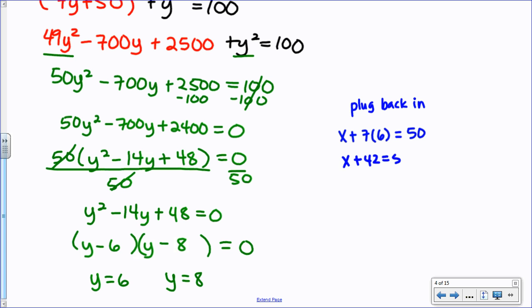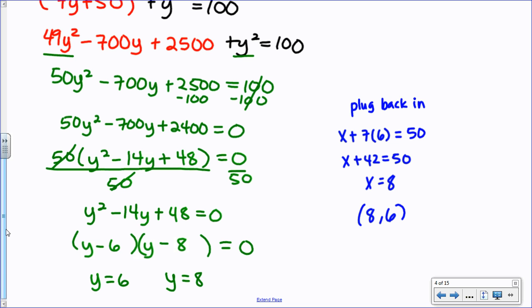So that's 42. So x equals 8. So I do have the solution 8, 6, but not because my second y value was 8. The second y value being 8 really does not make this x value 8. It really doesn't have anything to do with this x. All right, so I have 1 point at 8, 6. X was 8, y was 6.